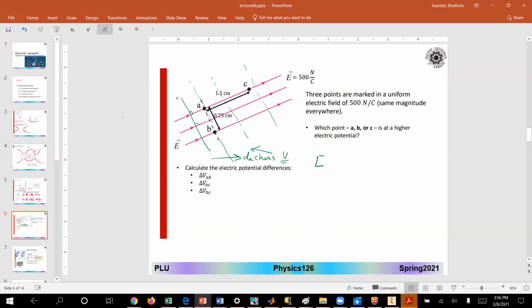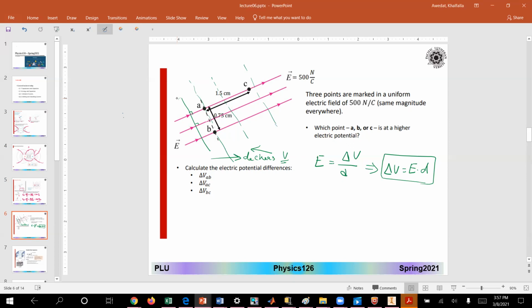I have E from the previous slide, E equals delta V divided by D, and I have E and I have D. I'm looking for delta V. So delta V equals E times D. That's the formula that I will use. So here the potential difference will increase with increasing D. Okay, now let's find that.